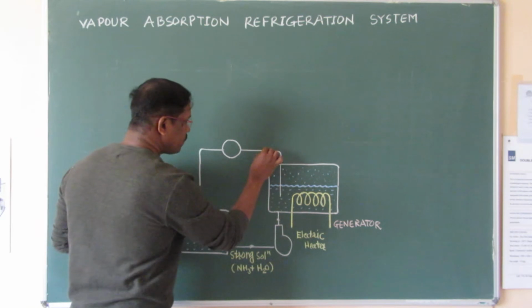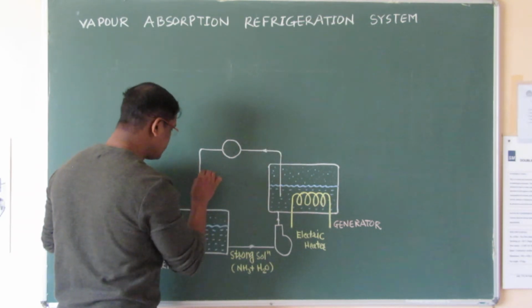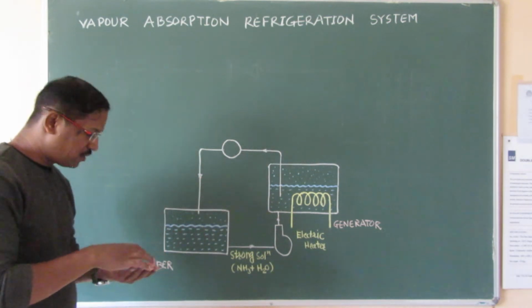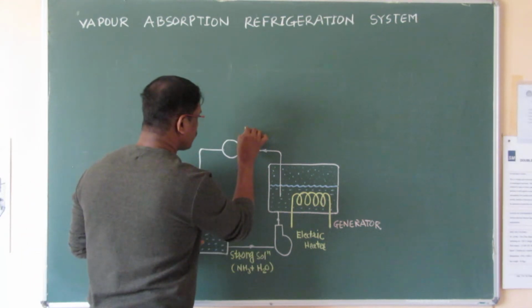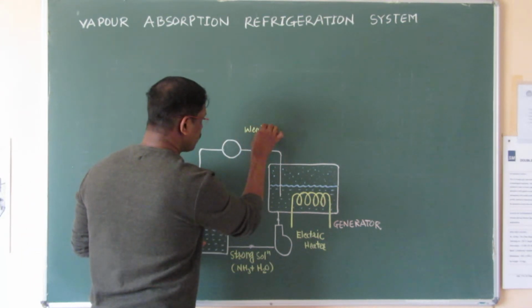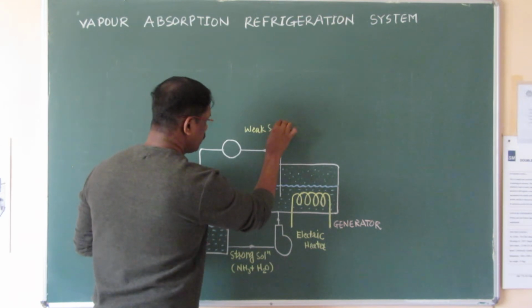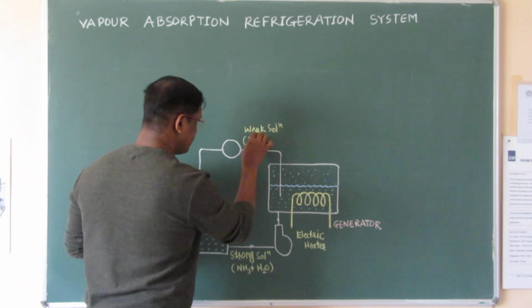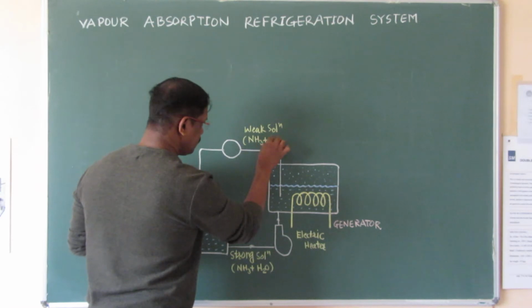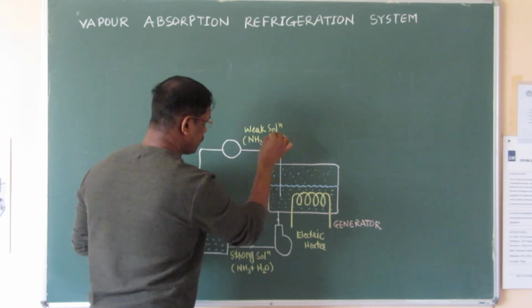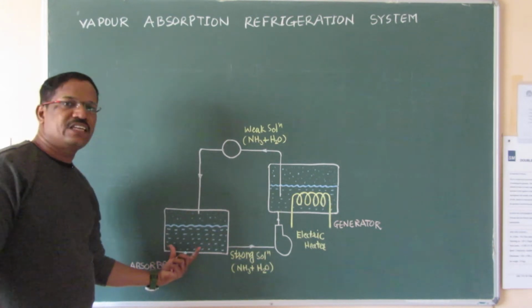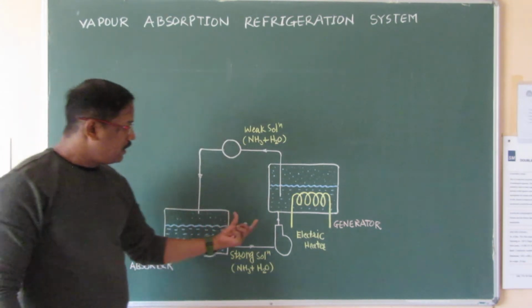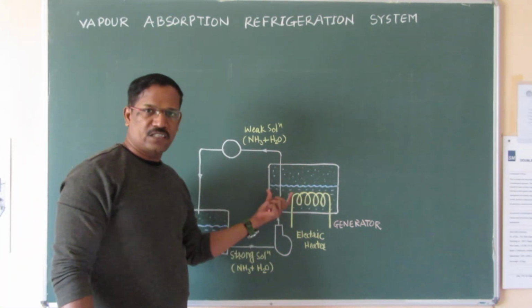So this is the weak solution of NH3 and H2O, that is water, which is supplied back to the absorber. But the absorber has lower pressure and the generator has high pressure.